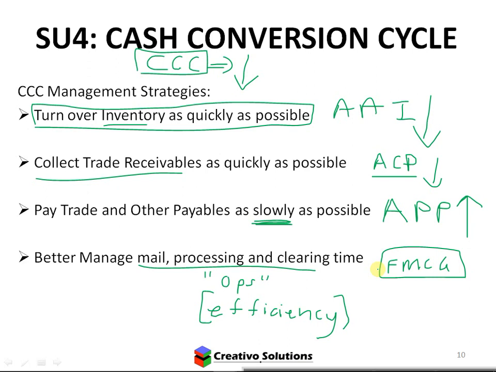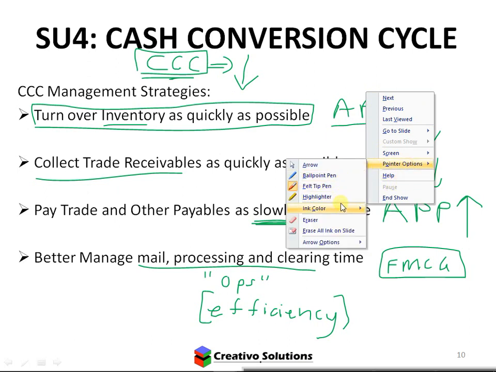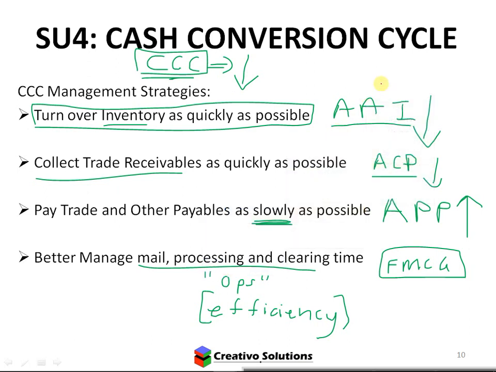Why? If they don't have the stuff on the shelf, what does that do to their cash conversion cycle? They lose out on a sale. So this average AAI would have gone up if there's no stock on the shelf. So that would have been affected negatively. The ACP, well, if people aren't buying, then there's nothing to collect, so that would be a null effect.